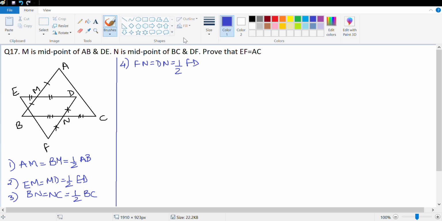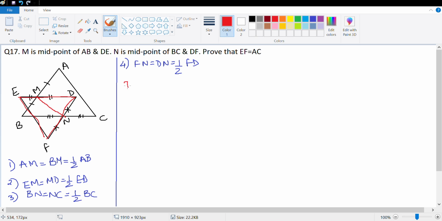So let's see if there are any two midpoints being joined. Let's look at triangle EDF. So in triangle EDF, are we joining any two midpoints? Yes, I can join M and N. Are these two midpoints? Yes, so MN will be equal to half of EF. Perfect.